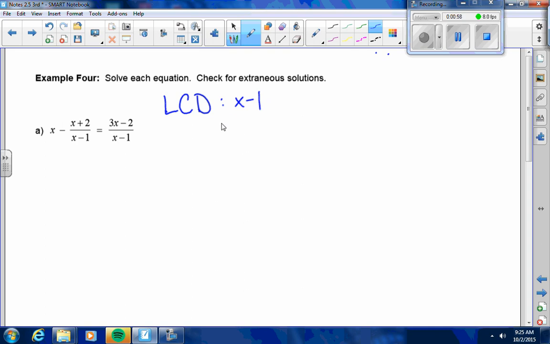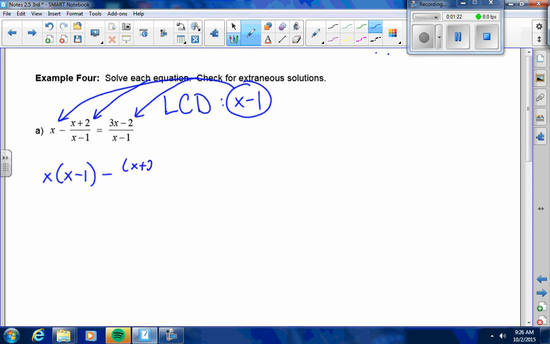Now what we're going to do with our least common denominator is we're going to multiply it times each term in the equation. So this first x gets multiplied times the LCD, x minus 1. Then I bring down the minus, and I bring down this fraction, x plus 2, divided by x minus 1.